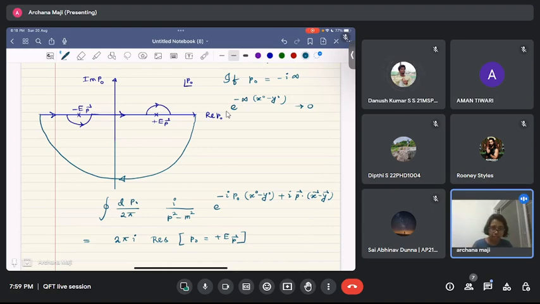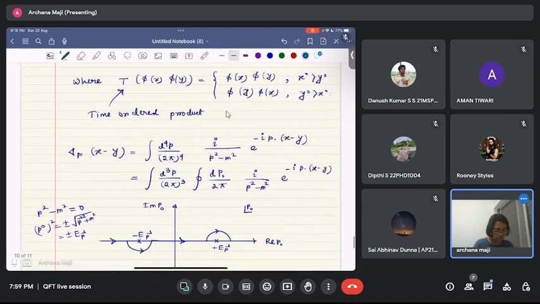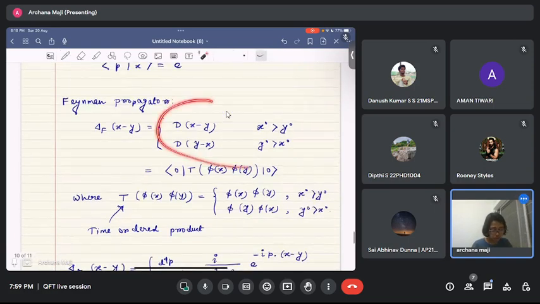has been made so that this particular integral representation boils down to what we want. If you choose any other contour, then for x0 greater than y0 you will not get D of x minus y, or for y0 greater than x0 you will not get D of y minus x.